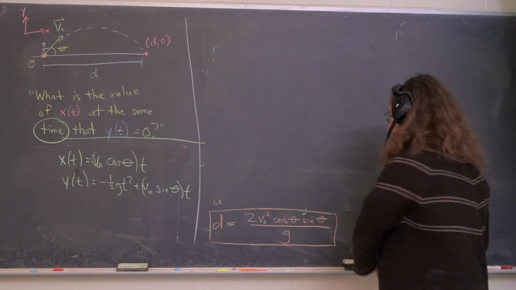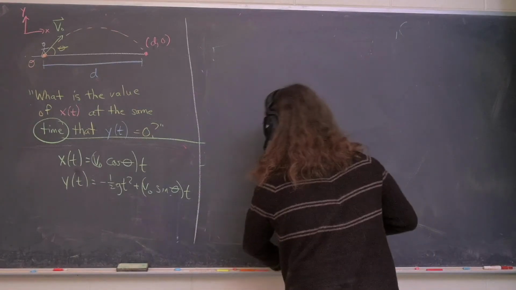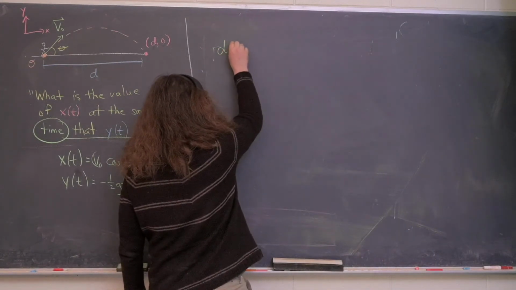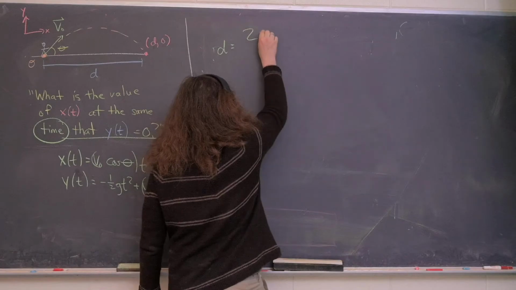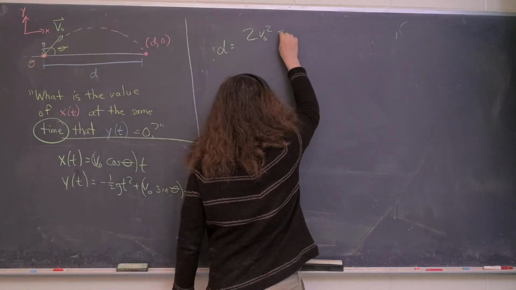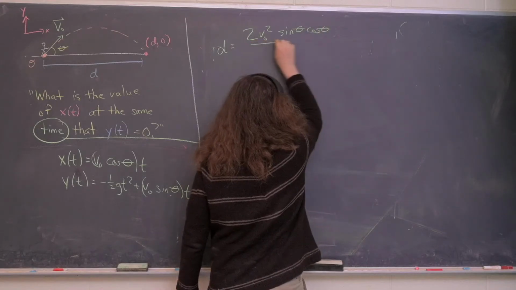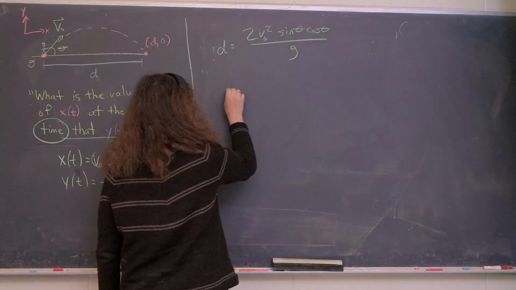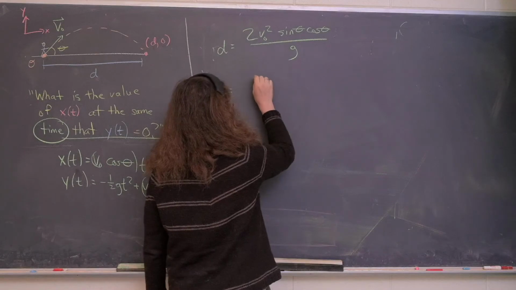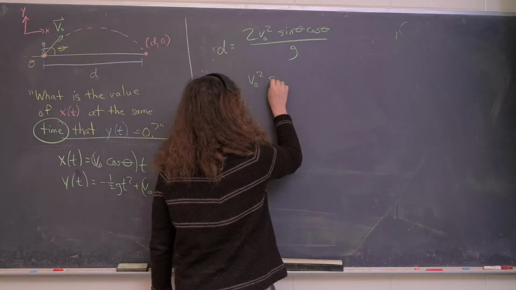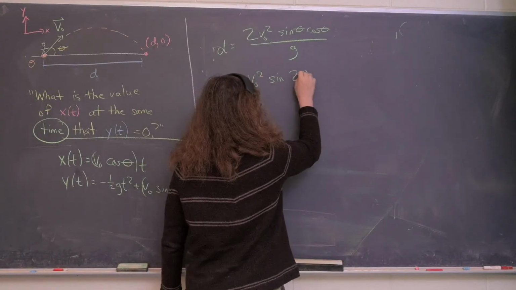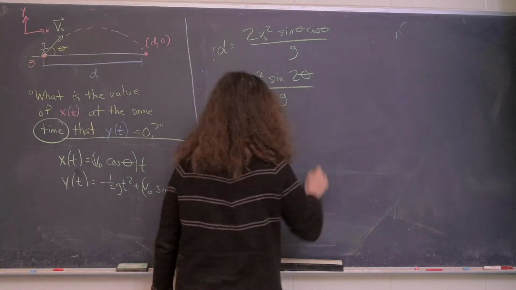And this is where, I'm just going to recopy it off the board, you use the trig identity that I gave you on your reference sheet. You say that's the same as V naught squared sine 2 theta. That's why I gave you that trig identity.